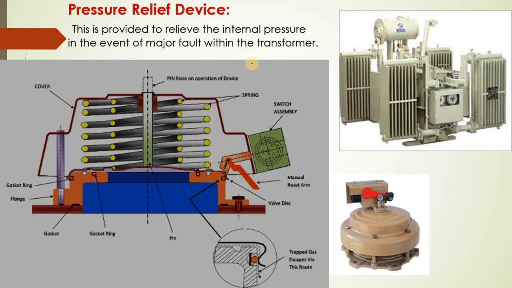Next part is the pressure relief device. The pressure relief device is placed on the explosion vent. It has a pin stripe structure. When air flows through, it will open, and the flow of oil is avoided.